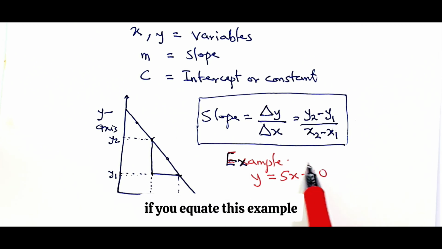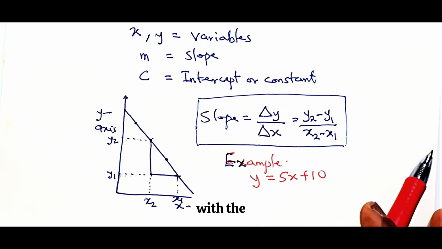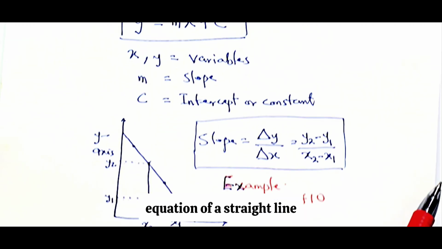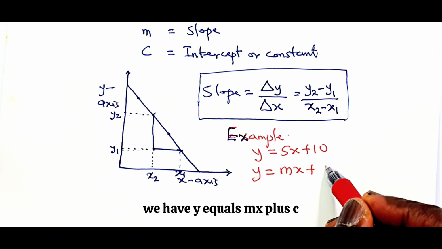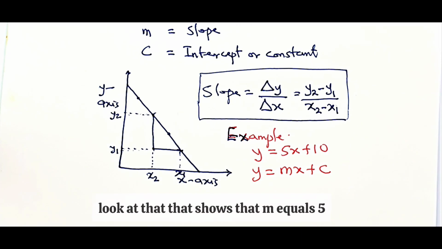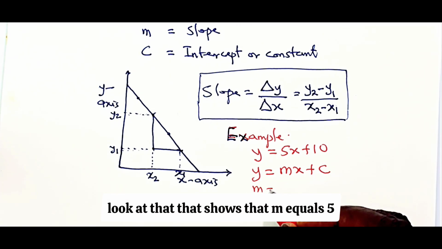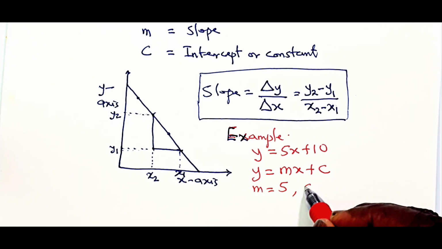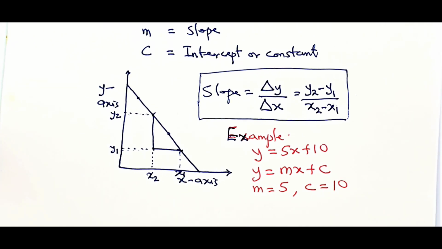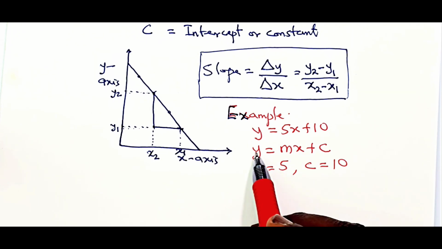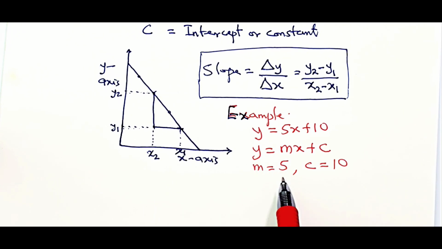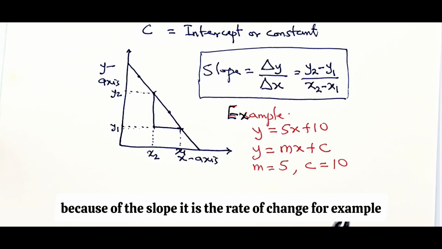Because if you equate this example with the equation of a straight line, y equals mx plus c, that shows that m equals 5 and c equals 10. C is the intercept. M is the slope. And that is the reason whenever x is increased by 1, y is increased by 5, because of the slope. It is the rate of change.